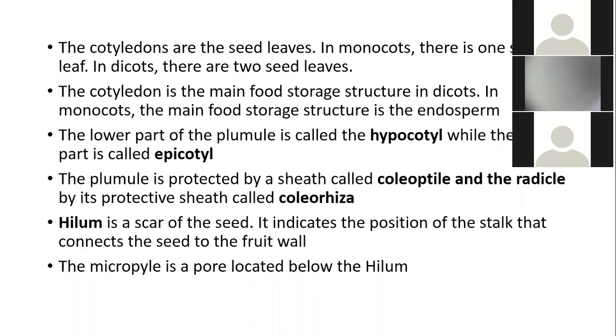So always remember, in a dicot seed, a seed that has two cotyledons, the cotyledon is the one that stores the food. And a seed that has only one cotyledon stores its food in the endosperm.